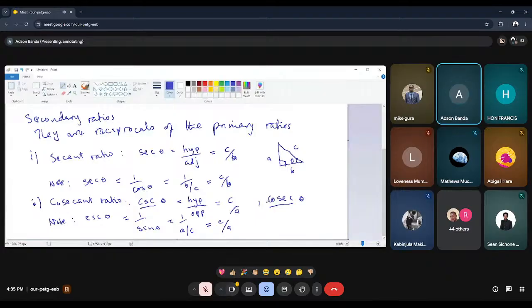Okay, so we can move to the third ratio. So let me clear this first. Okay.